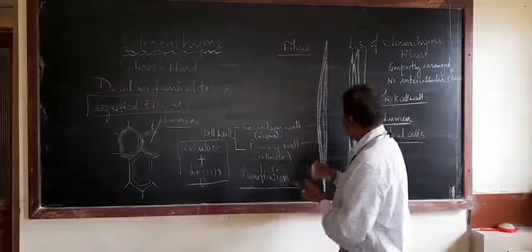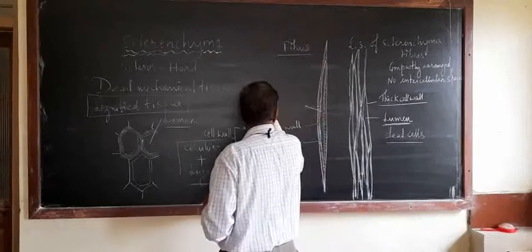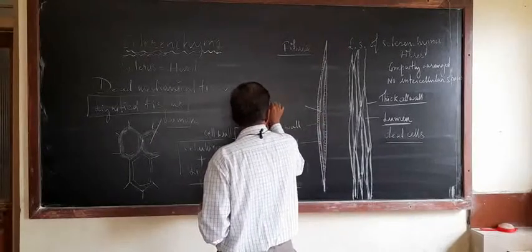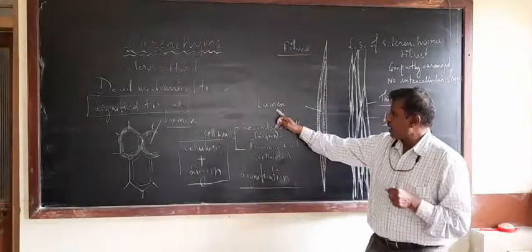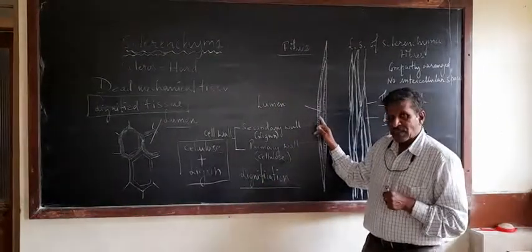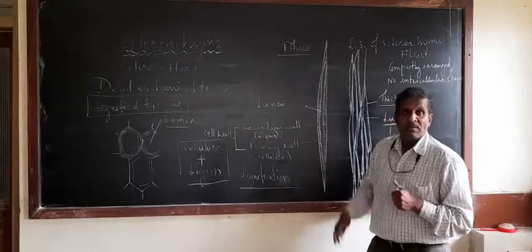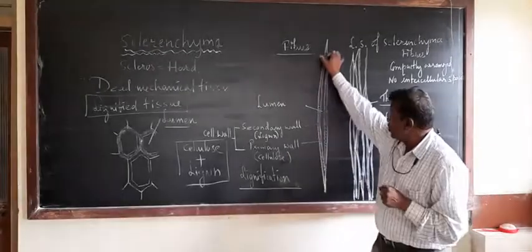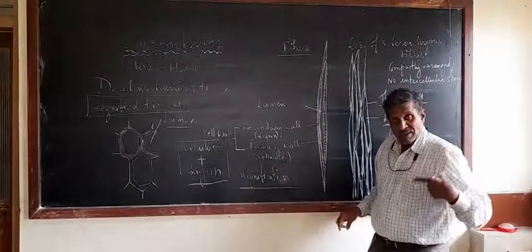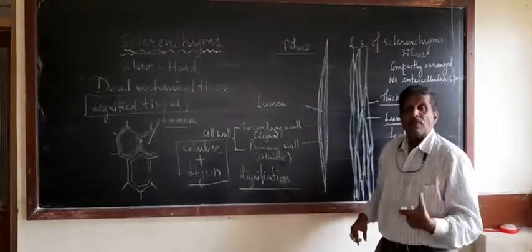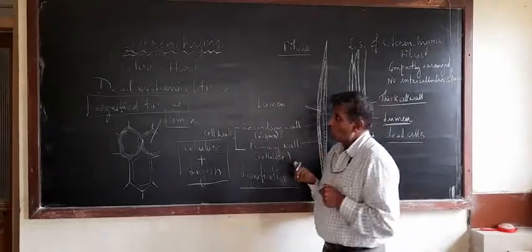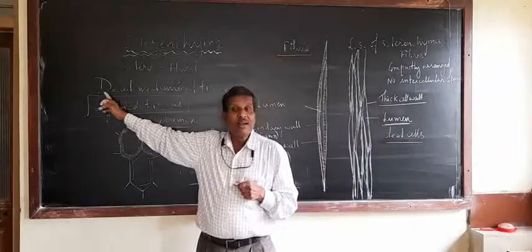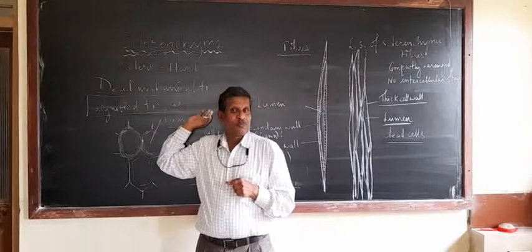As a result, at maturity, in the Sclerenchyma you will find the presence of an empty cavity. We call it the lumen. That is why we say that at maturity, when the Sclerenchyma cell is fully organized, it becomes dead. So we call this a dead mechanical tissue.